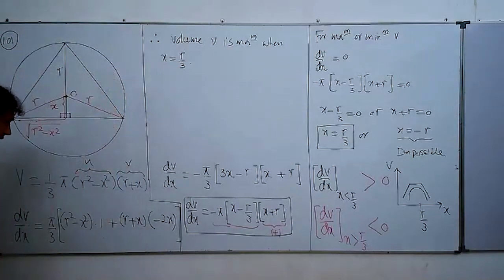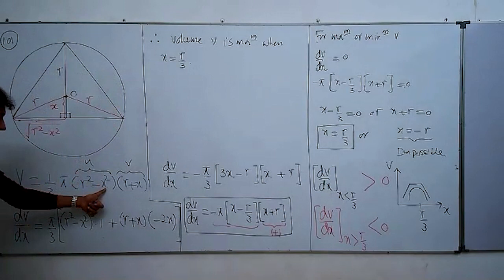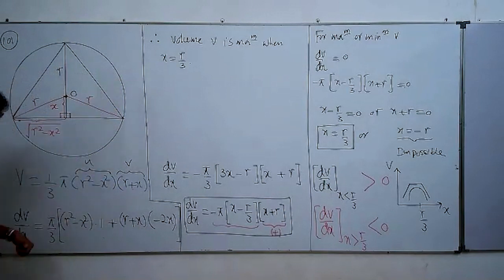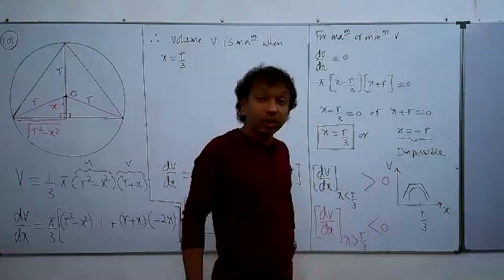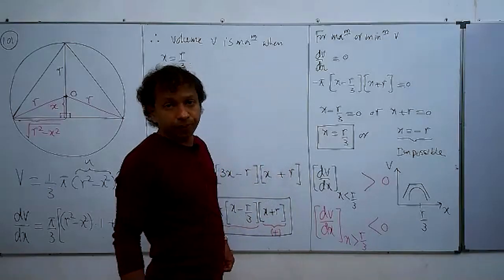Okay, right. Now we need to find the maximum volume. Right, this is the volume formula for the cone. In it, this x, just now we found, is r by 3. Put that here and keep simplifying. That volume, people, we have to prove is 8 upon 27 of the volume of the sphere. Right.